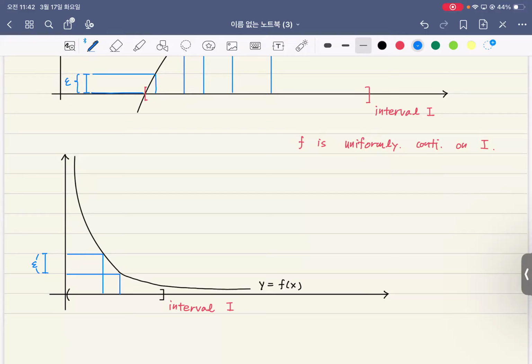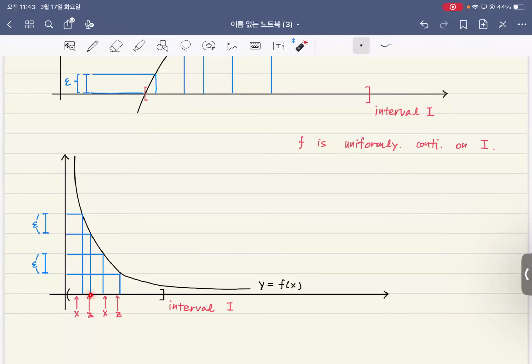Because this is X and this is Z. Two points differing by less than this delta does not guarantee the function values differ by less than the epsilon.